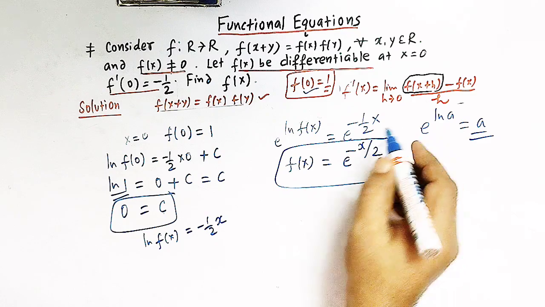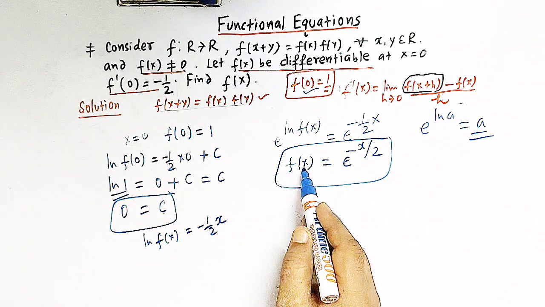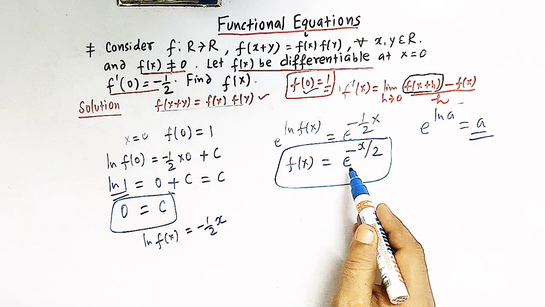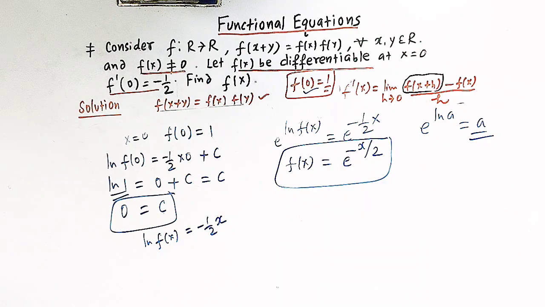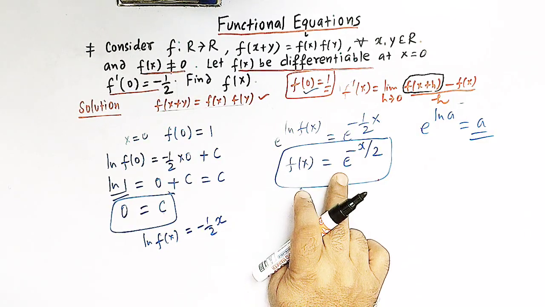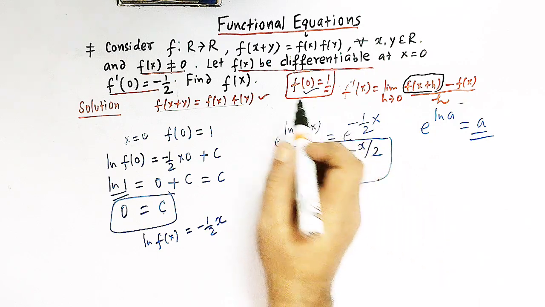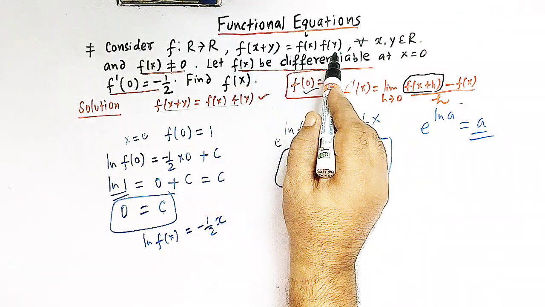So viewers, the value of the function f of x is given by this exponential function, that is e raised to minus x by 2. So viewers, this exponential function, e raised to minus x by 2, satisfies this functional equation.